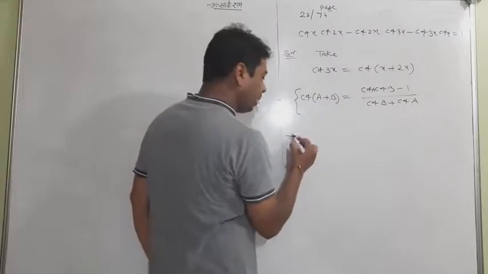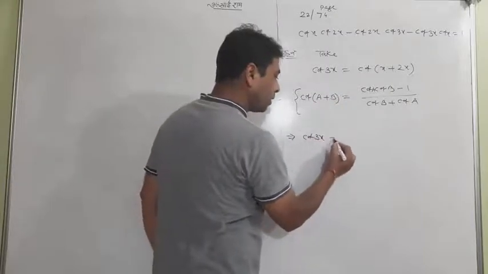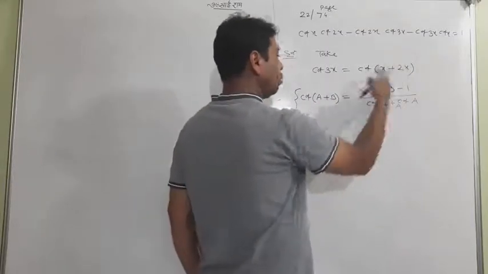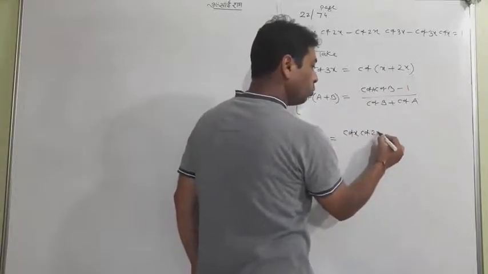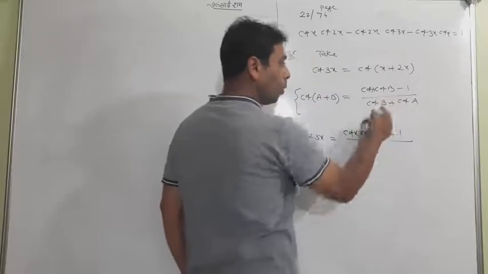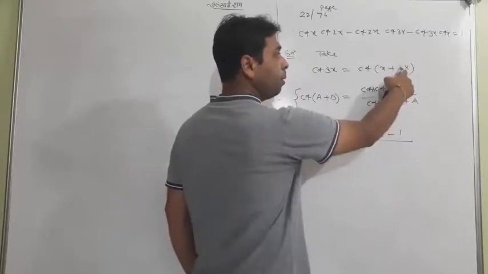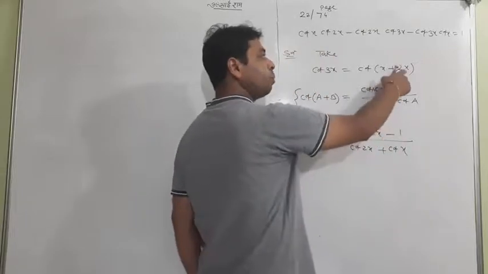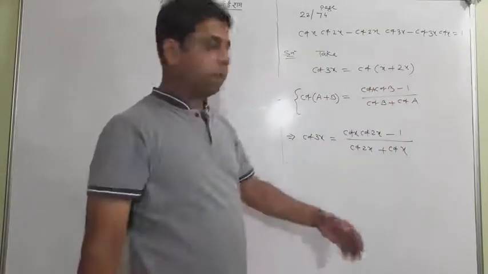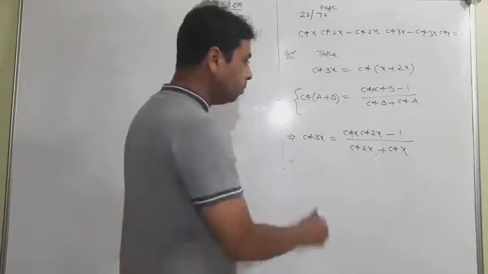Now I am writing the next step. Cot 3x is equal to cot of a plus b. Use it: cot x cot 2x minus 1 upon cot 2x plus cot x, where a is x and b is 2x. Now what to do? You know the method. I'll transfer this here.